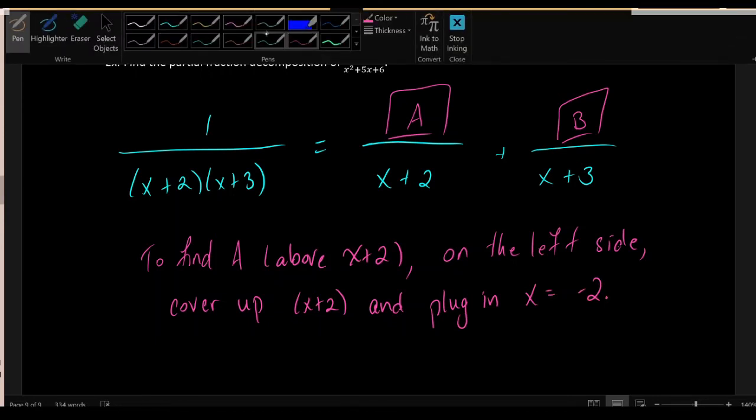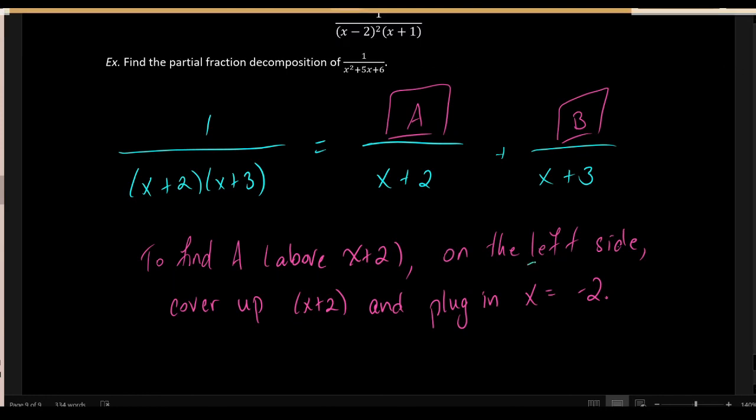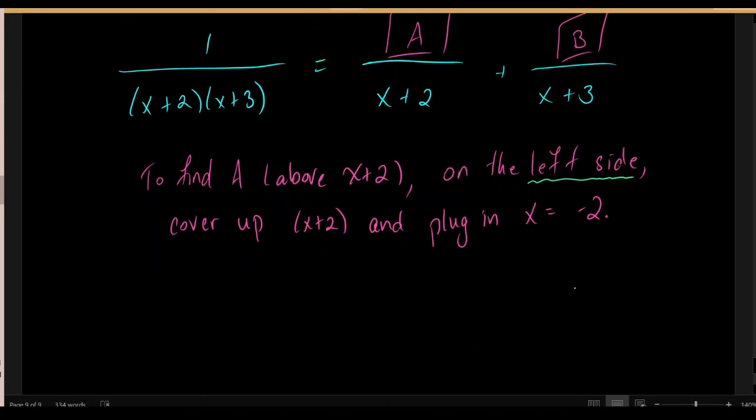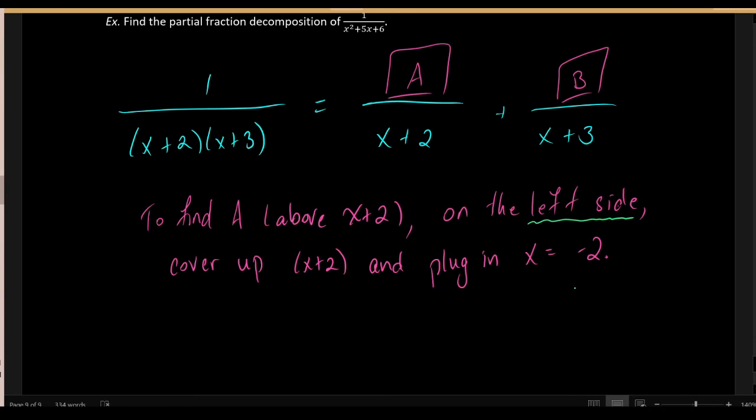This is called the Heaviside cover-up method because we're plugging into the left side, which is heavier or weightier. The fraction there is larger than the fractions on the right. And it's called the cover-up method because you cover up the factor that corresponds to the number that you're trying to find.